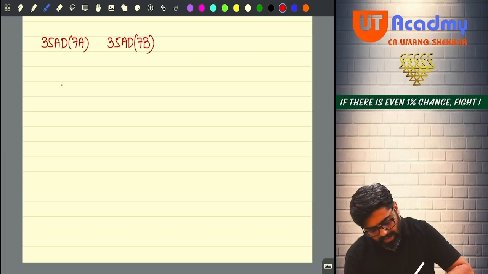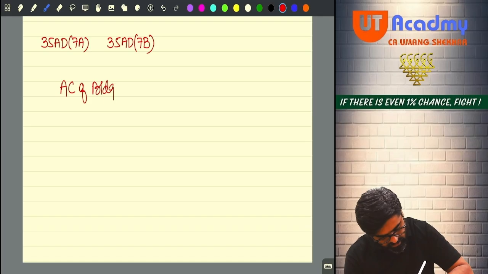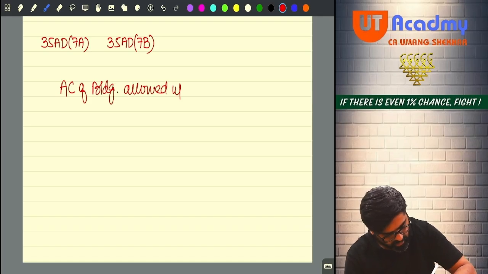So you have written actual cost of building allowed under section 35AD, 50 lakhs.